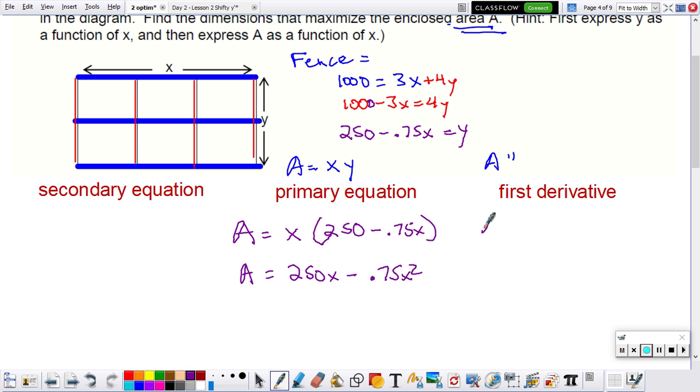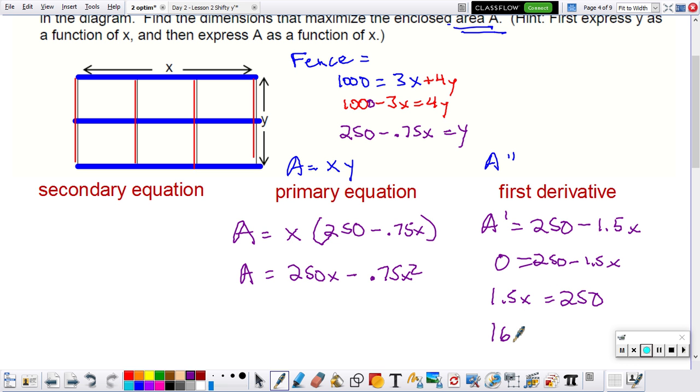Let's take our first derivative. So that'll be 250 minus 1.5X, and then set it equal to 0. 1.5X equals 250. Grab our calculator and divide, and I get not 16.6, 166.6 repeating is X.